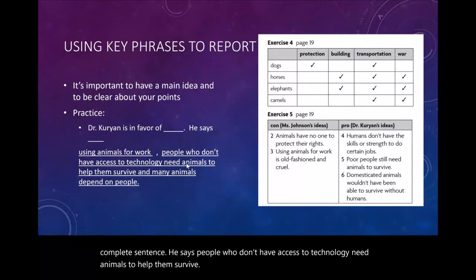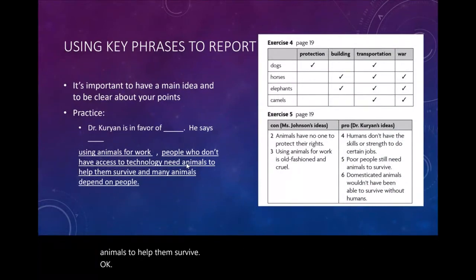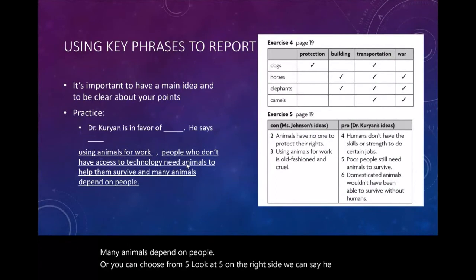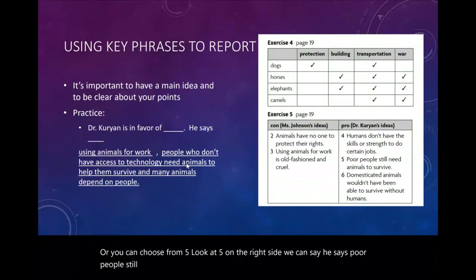And he says many animals depend on people. Or you can choose from number 5. Look at number 5 on the right side. We can say, he says poor people still need animals to survive.